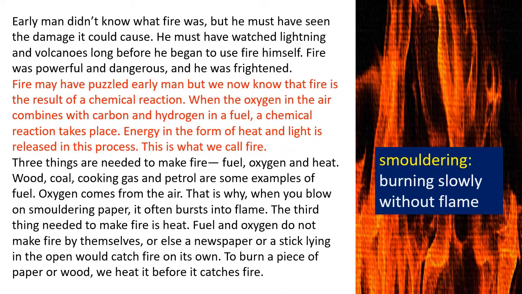And oxygen, of course, comes from the air. That's why when you blow on smoldering paper, paper that was burning without any flame, that smoldering paper gets the oxygen and burns into flame.